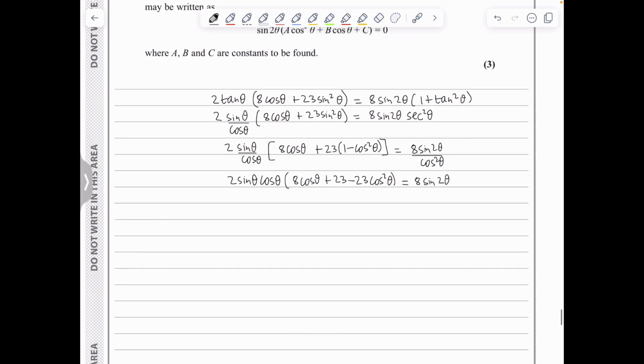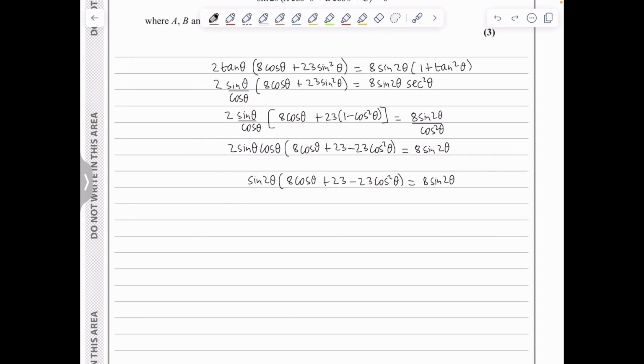Now 2 sine theta cos theta on the left hand side is simply sine 2 theta. So we've got sine of 2 theta brackets 8 cos theta plus 23 minus 23 cos squared theta is equal to 8 sine of 2 theta.